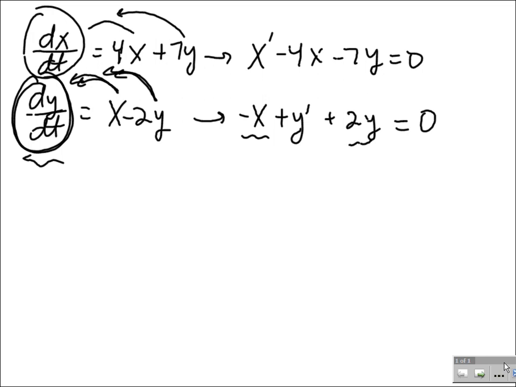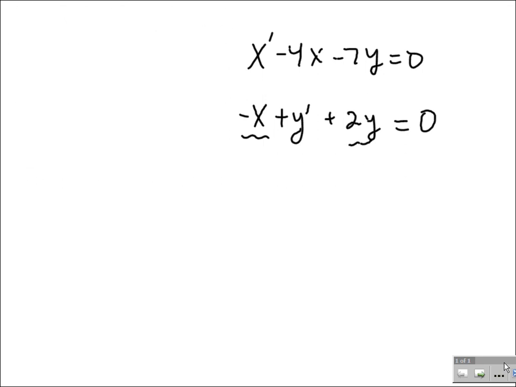Okay, now I want to write what I have in the right column using differential operators. So I'm going to isolate the x's and the y's, and then I can use differential operators.